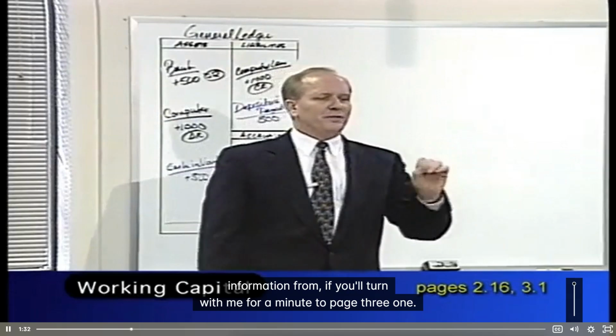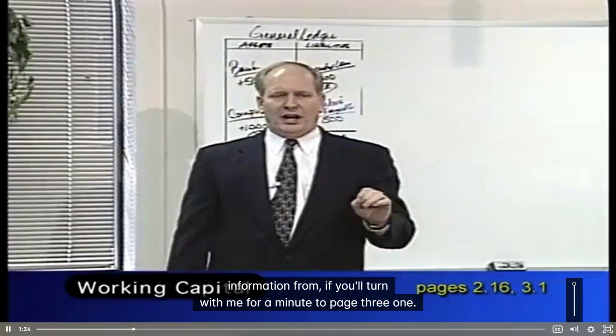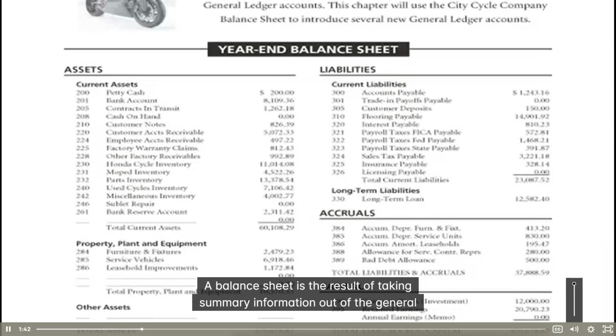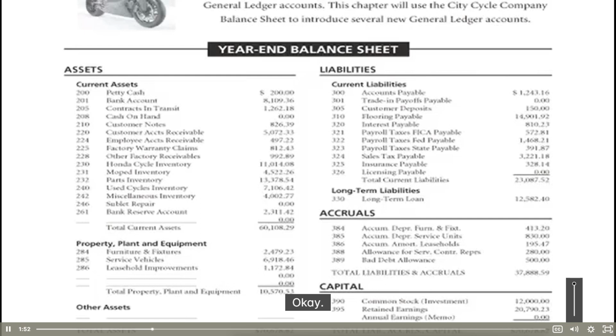If you'll turn with me for a minute to page 3.1, chapter 3, page 1. We're going to look at a balance sheet. A balance sheet is the result of taking summary information out of the general ledger in the asset, liability, accrual, and capital sections. Okay?